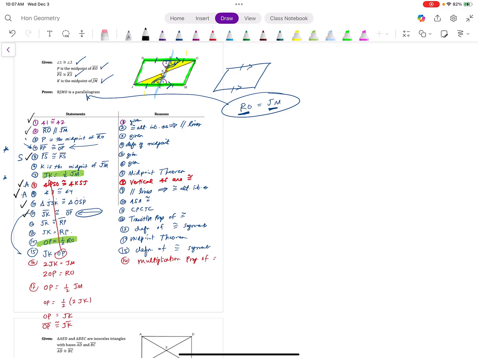So P was the midpoint, and K was the midpoint, at step 8. And then I did that JK was half of JM. I did that. OP was half of RO. I did that. And then I didn't do these steps.